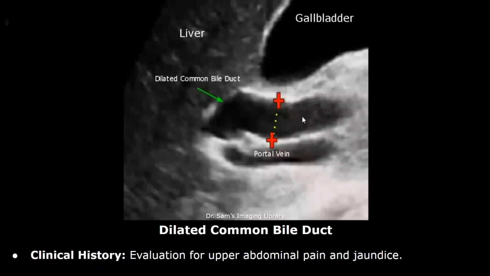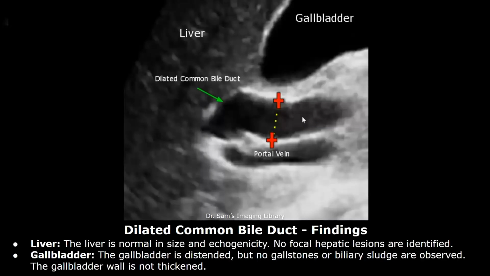Now we have a report of dilated common bile duct. Clinical history: evaluation for upper abdominal pain and jaundice. These are the findings. The liver is normal and the gallbladder is distended, but no gallstones or sludge are observed. The gallbladder wall is not thickened.